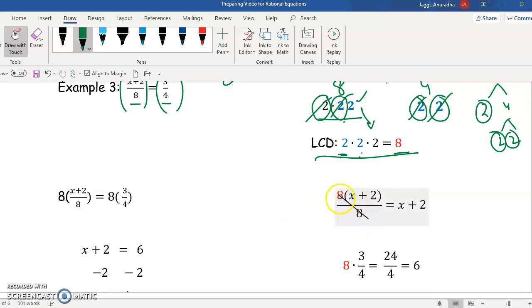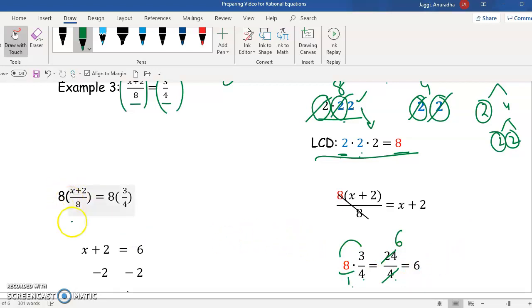So 8 is a factor, so you can cancel them and you will get x plus 2. Similarly, here 8 times 3 by 4, you can multiply the numerator with the numerator, becomes a 24, and the denominator was 4 times 1 is a 4. 4 goes into 24 6 times, and you get your 6 here.